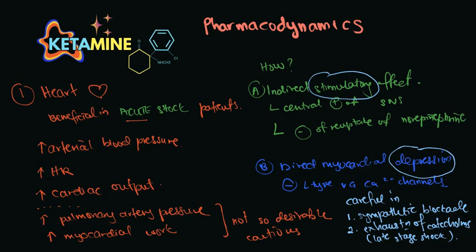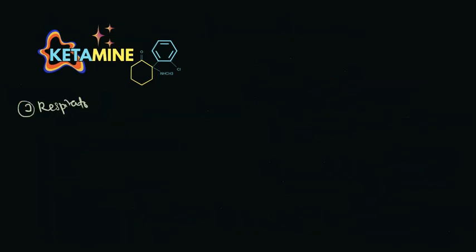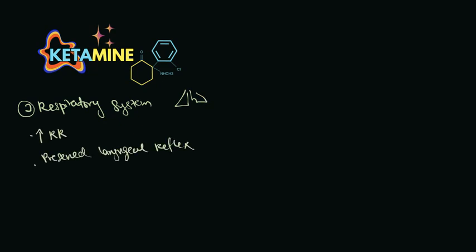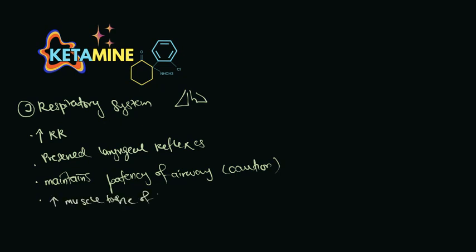Number two, ketamine's effect on the respiratory system. It increases respiratory rate, it preserves laryngeal reflexes, it maintains the patency of the airway, relatively, but with caution, it increases the muscle tone of the jaw, possibly causing airway obstruction.